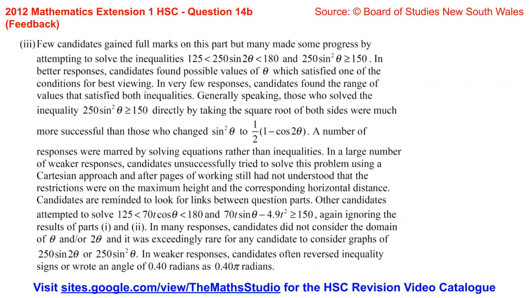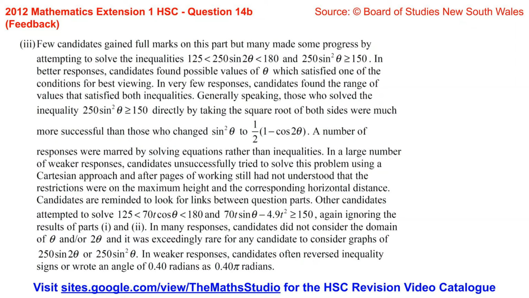For part 3, few candidates gained full marks on this part, but many made some progress by attempting to solve the inequalities 250 sine 2 theta greater than 125 and less than 180, and 250 sine squared theta greater than or equal to 150. In better responses, candidates found possible values for theta which satisfied one of the conditions for best viewing.